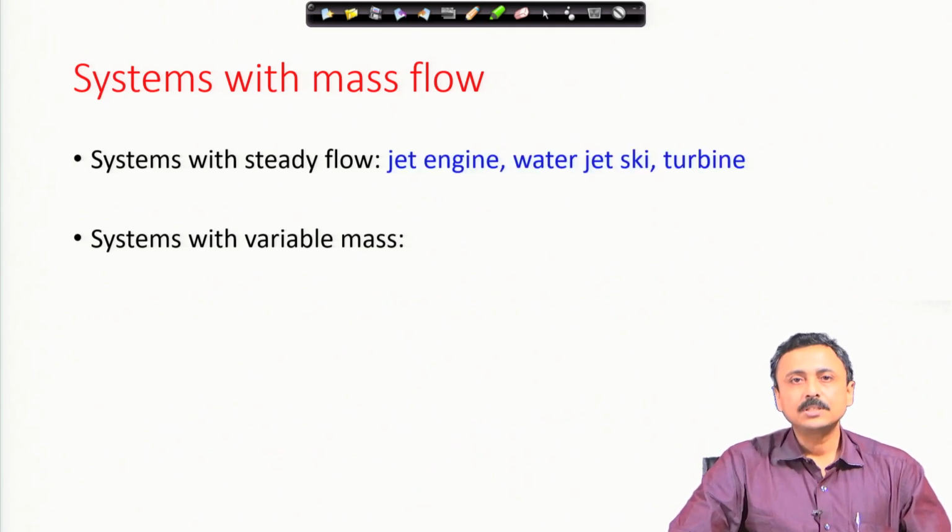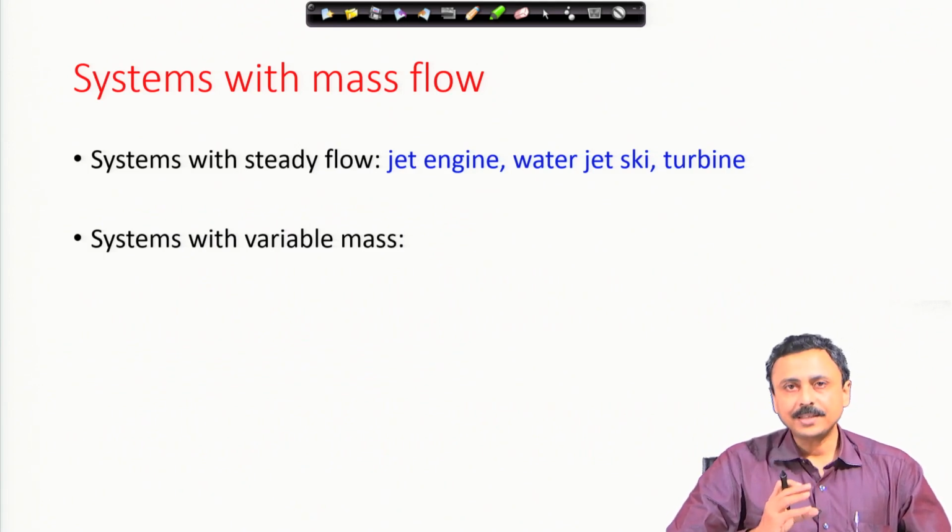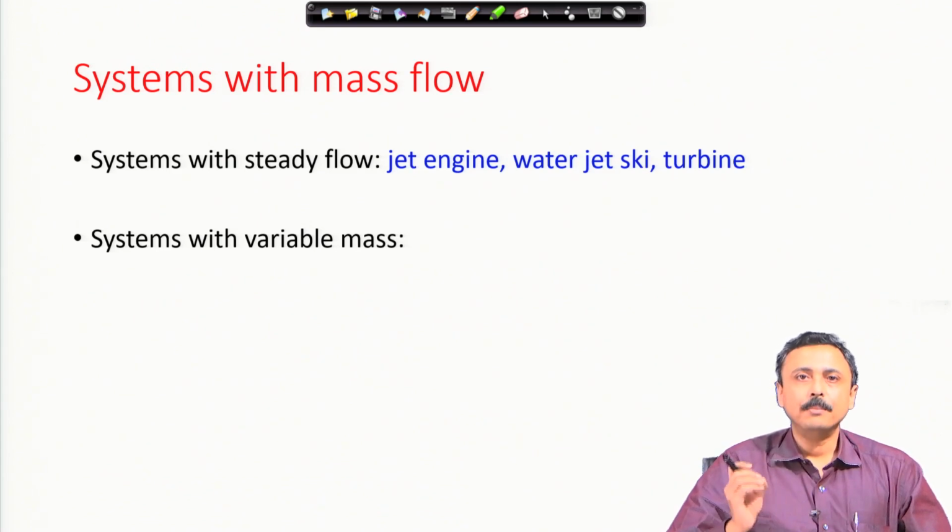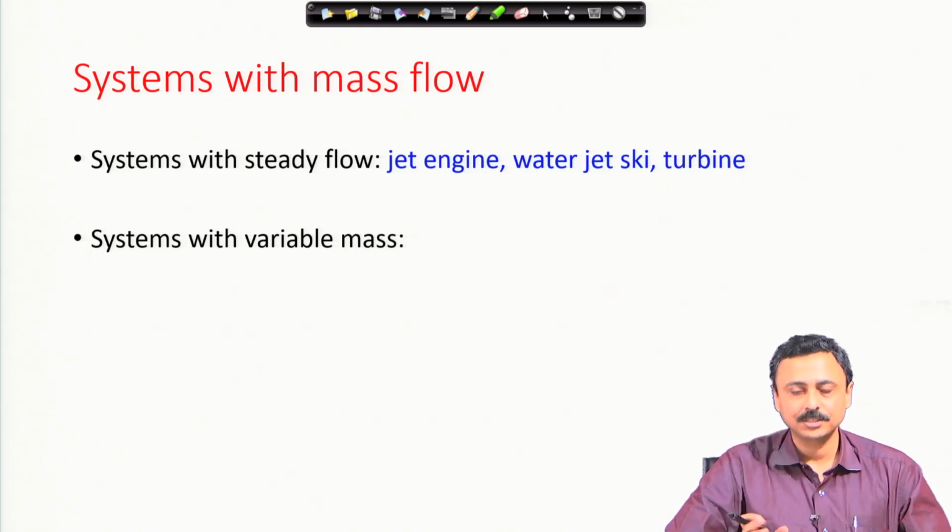For example, systems with steady mass flow. The first example I have written is the jet engine. If you consider a jet engine, it takes in air, mixes fuel, and there is combustion, and the hot gases are ejected at very high speed in the rearwards direction, and that generates thrust.